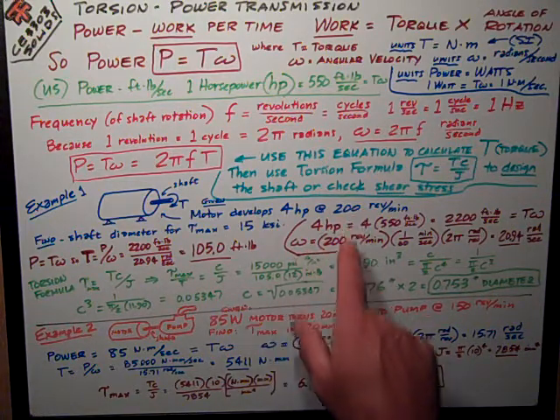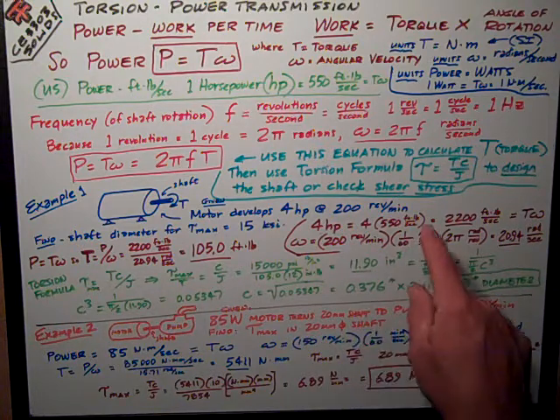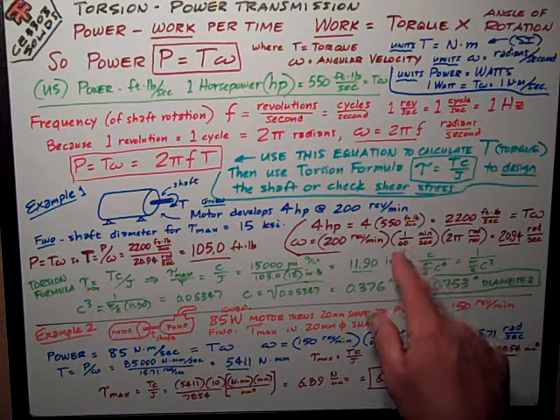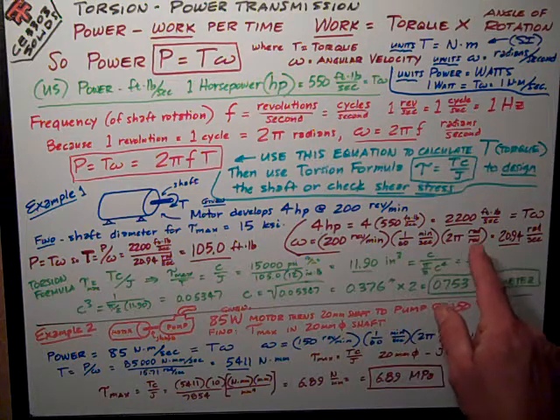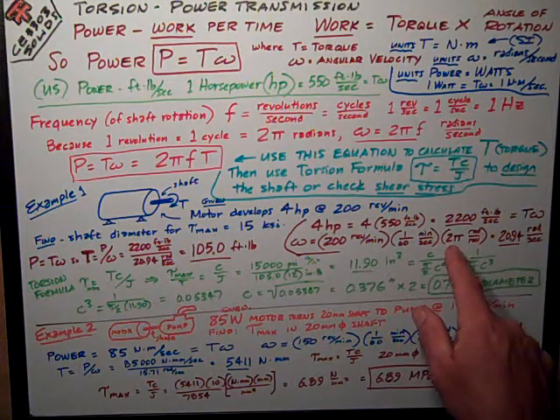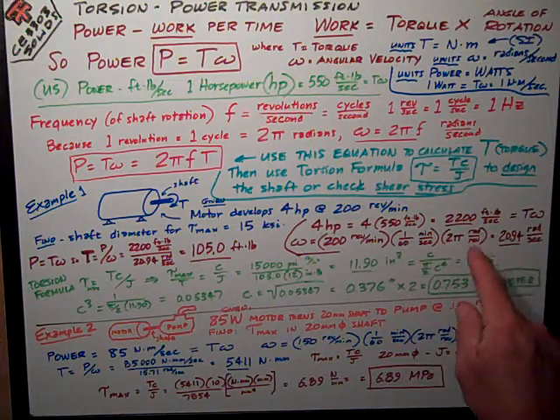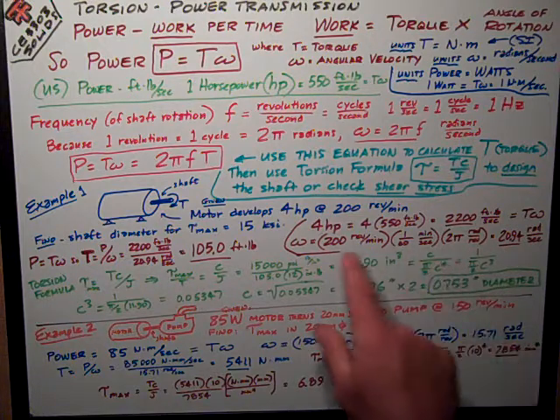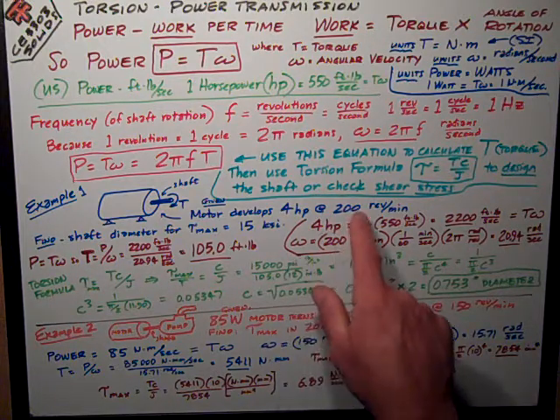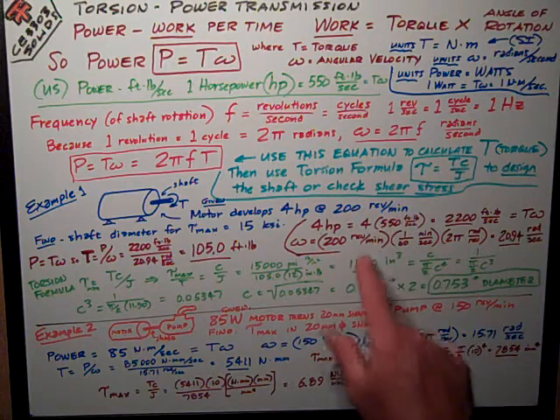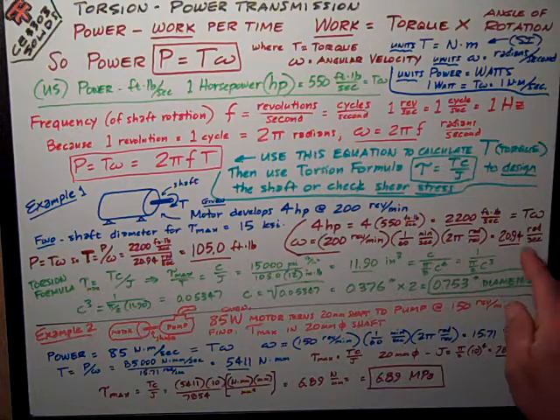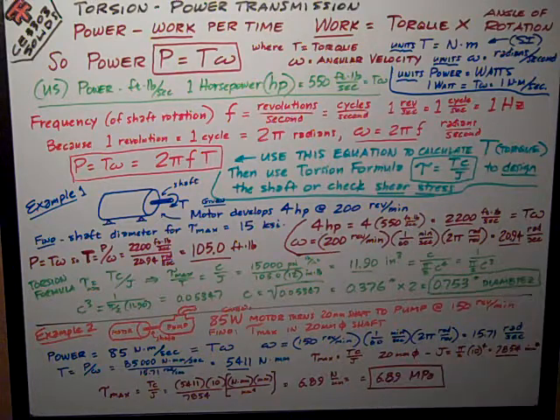That was given to me. There's 60 seconds in 1 minute, so I divide by 60, and I multiply by 2 pi radians per revolution to convert what's given here, 200 revolutions per minute. I want to get that into radians per second. So run the numbers and it works out to be 20.94 radians per second.